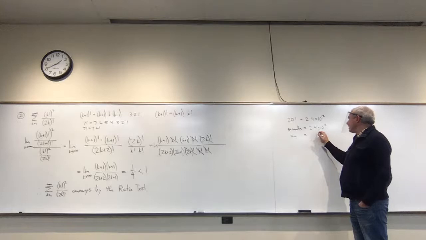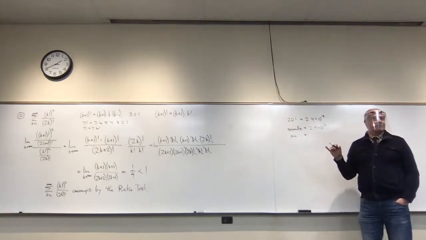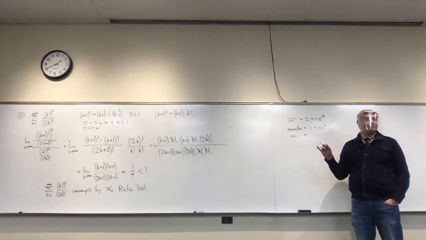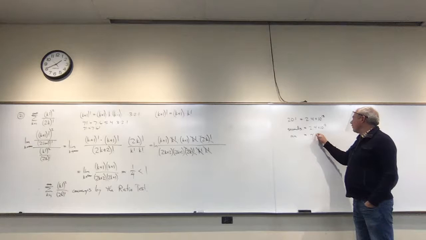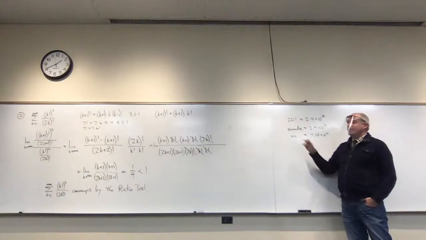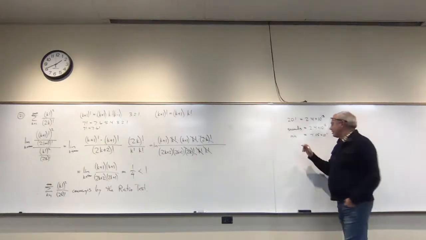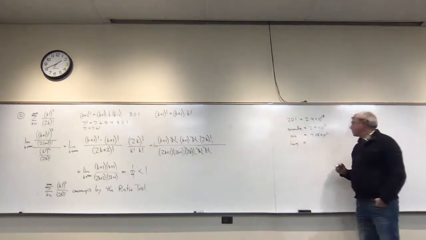Do you have it in scientific notation? 4.05 times 10 to the 10th. Yeah, that's it. Okay, so how many minutes in an hour? 60, right? So how many hours would it take to do this computation?